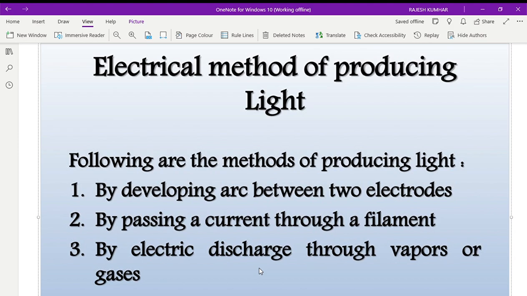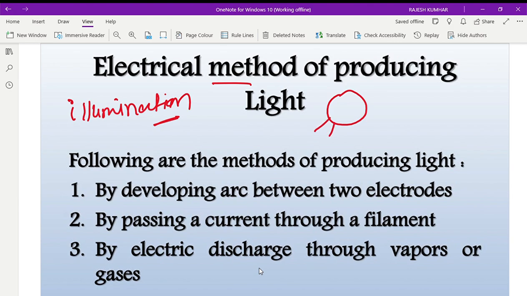Before starting the electrical methods of producing light, first we will discuss illumination. What is illumination? Okay, first I will draw it.